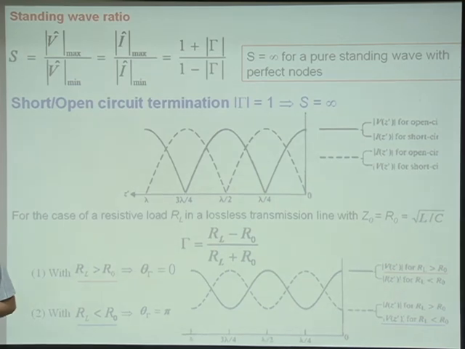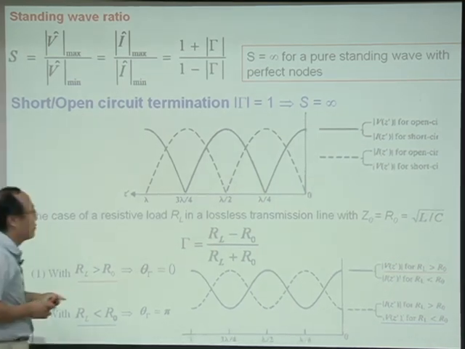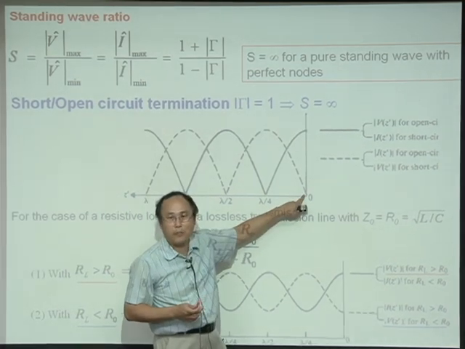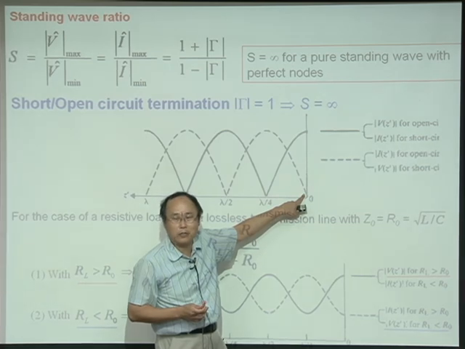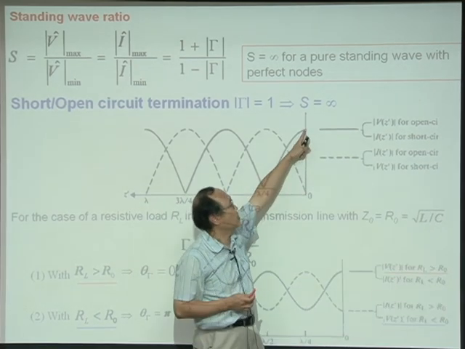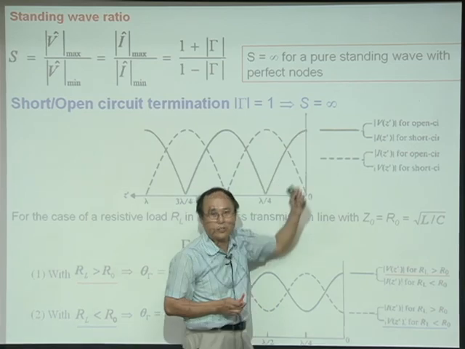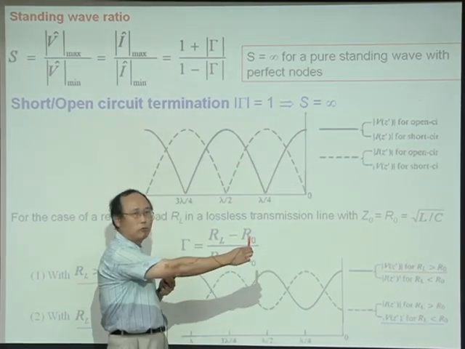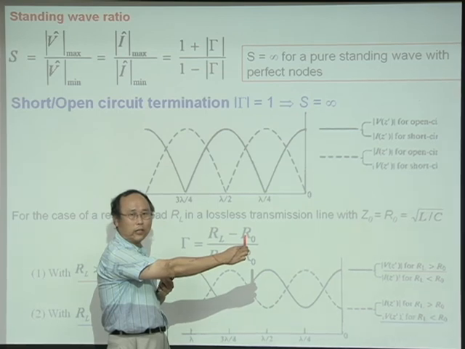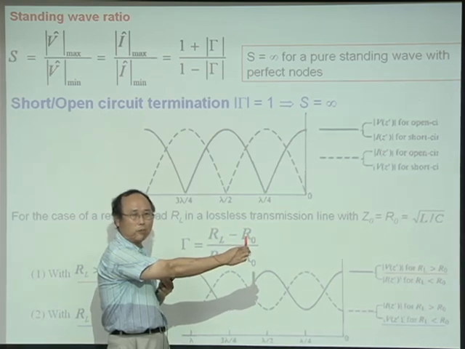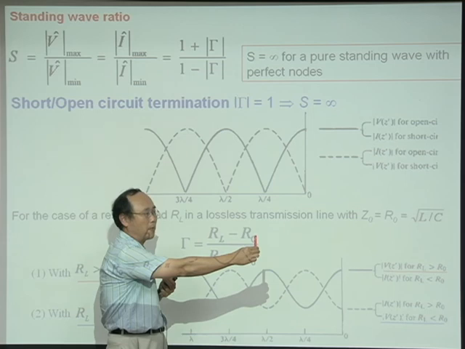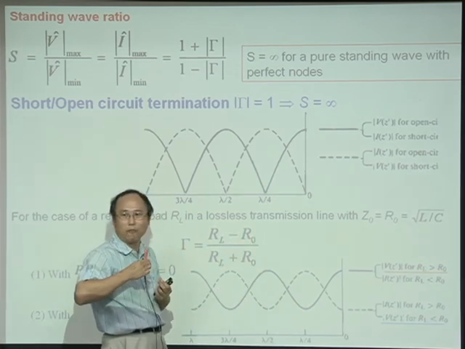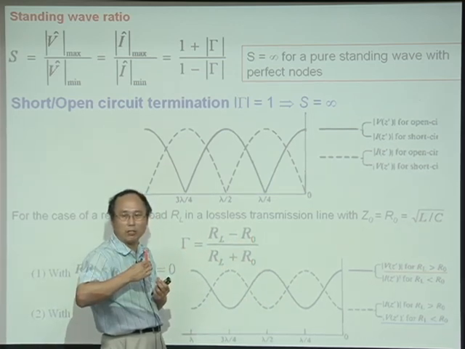Okay. 但是对电流来讲的话 if you have a short circuit, you have a maximum current at the boundary. Okay. Therefore, you have the maximum value for the current. This means that if you have a current pulse propagating to a short circuit terminated transmission line, it's going to propagate back with the same phase.